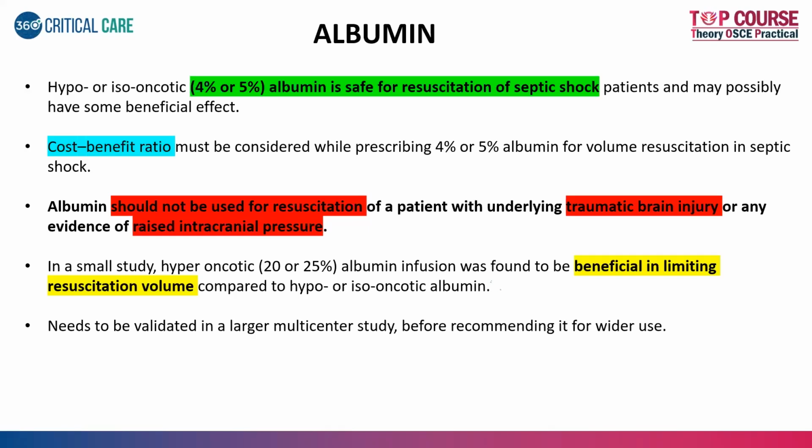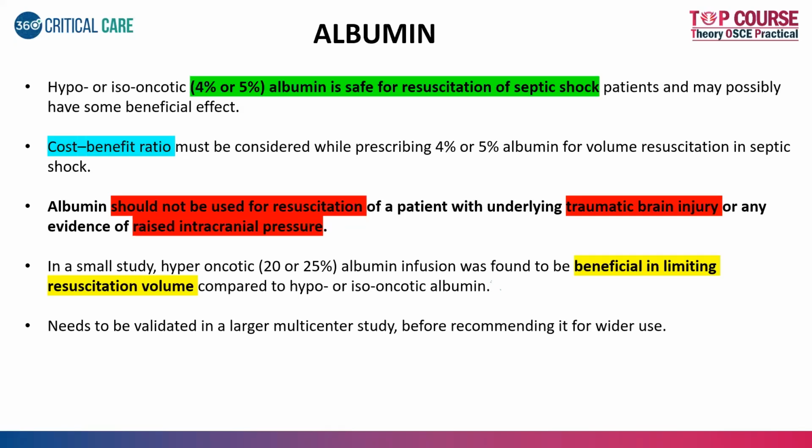On the whole, 4 to 5% albumin is usually a hypo or an isooncotic fluid, roughly between 270 to 280 milliosmoles. That is one of the reasons they say it is a hypooncotic fluid, and there will be risk of worsening the traumatic brain injury whenever we give this concentration of albumin to patients with TBI.